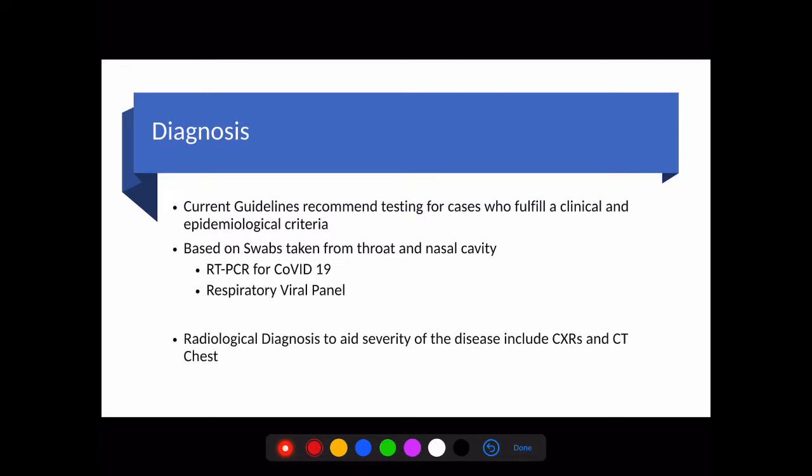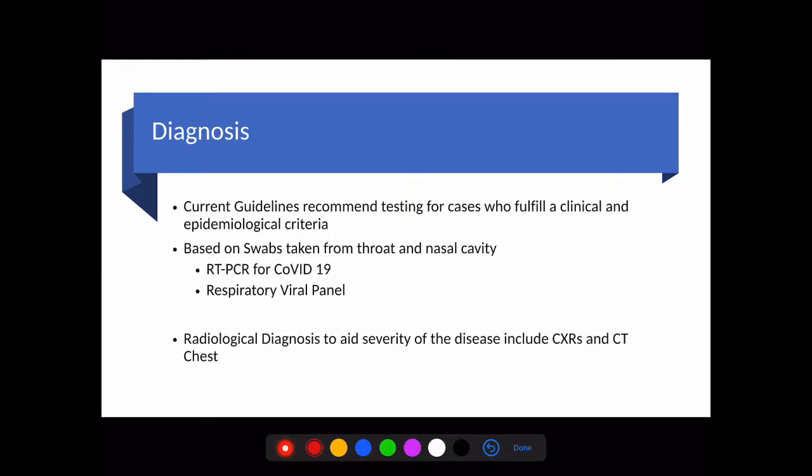So if somebody has traveled or come in close contact with a suspect or with a positive case, or who are high suspects, or who are not doing well and they've got radiological evidence of pneumonia, or new onset cough, things like that, they are offered this testing.